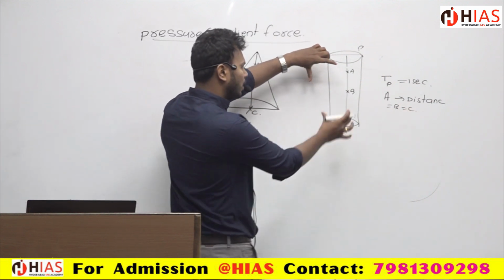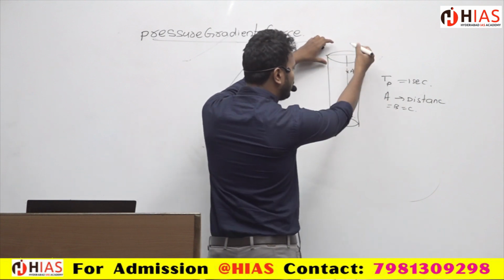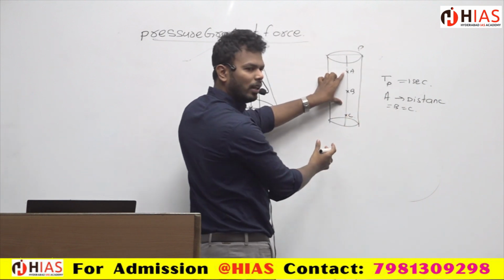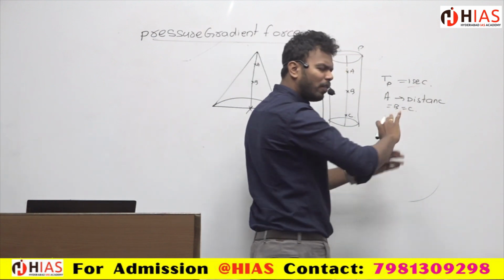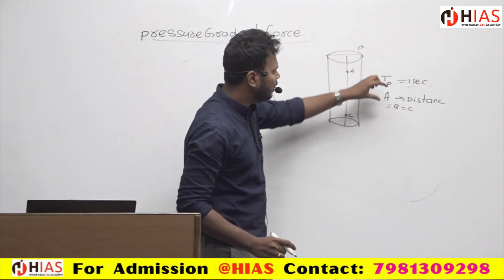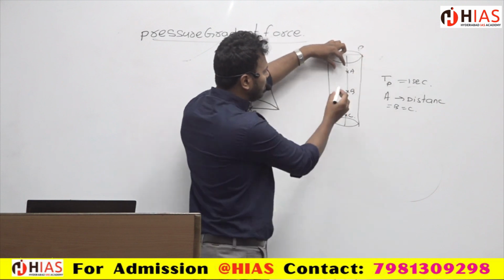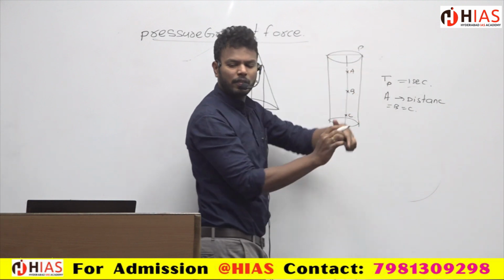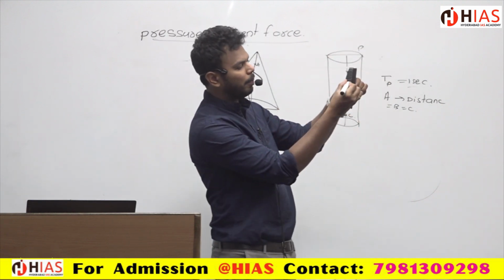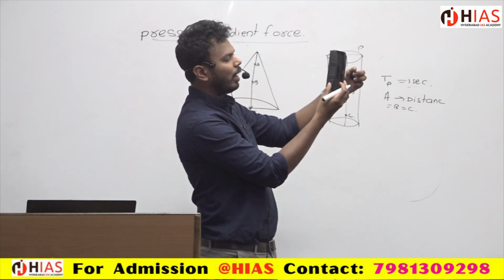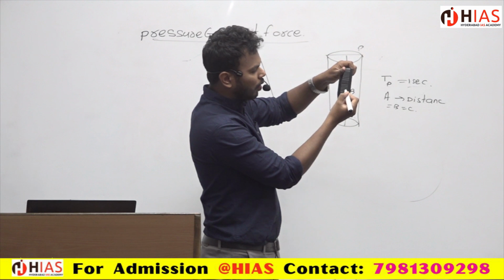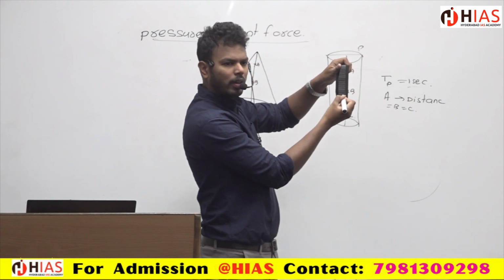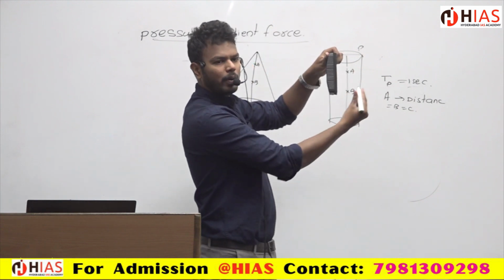See, because this is a cylinder, I've just drawn a line on the cylinder and I'm rotating it for 1 second or for a certain period. In this time, this is one point, this is one point, and this is one point, and they complete one complete rotation.